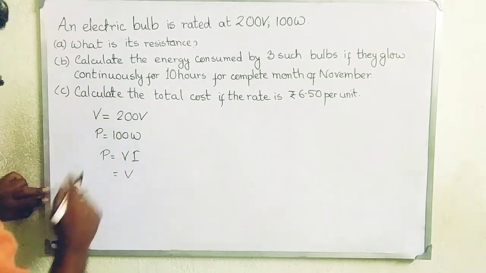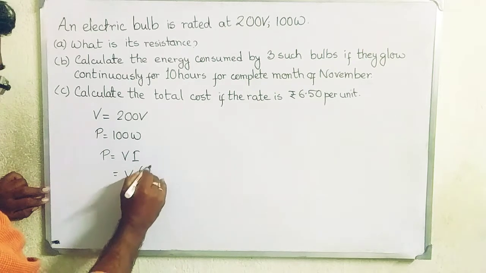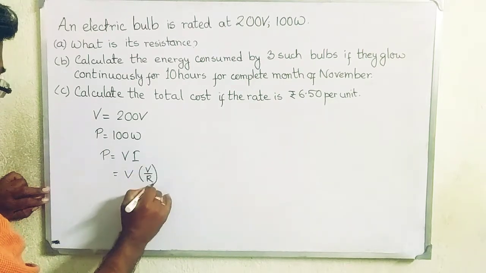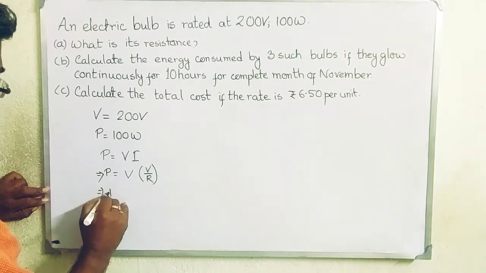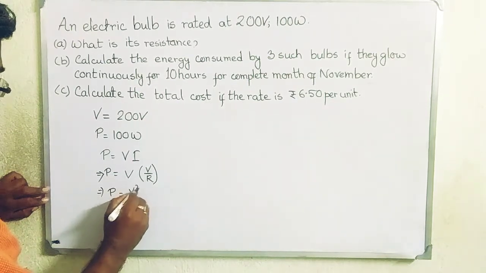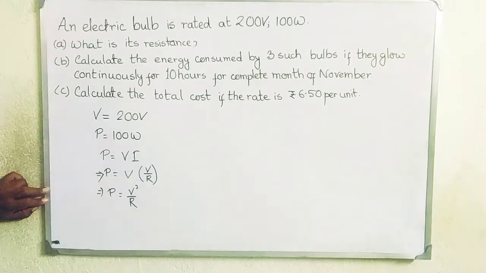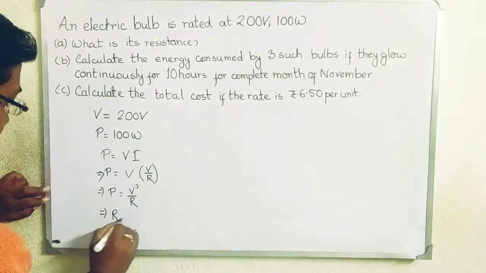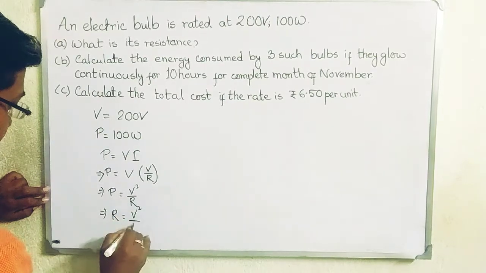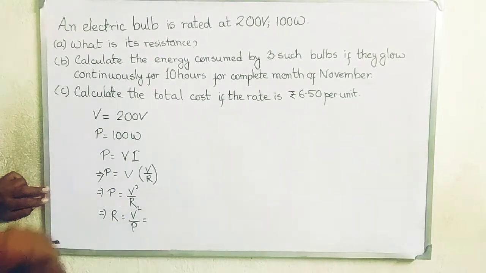We know P and V, so I just replace this I by V by R. So from there, P equal to V square divided by R. Therefore the resistance is R equal to V square divided by P.